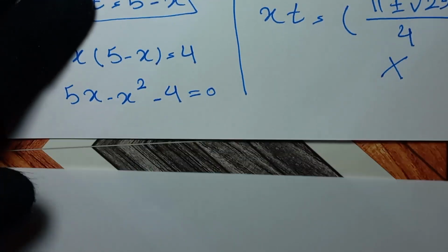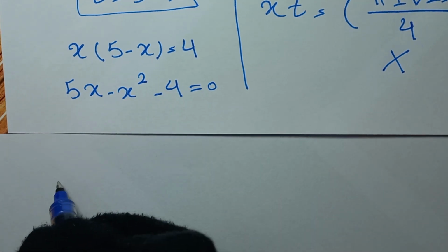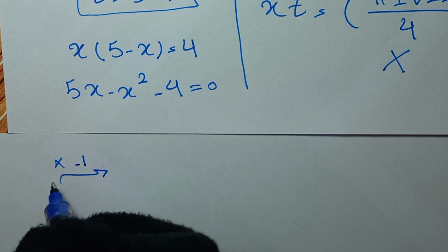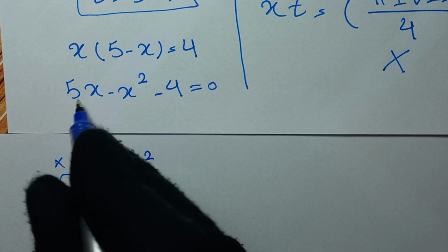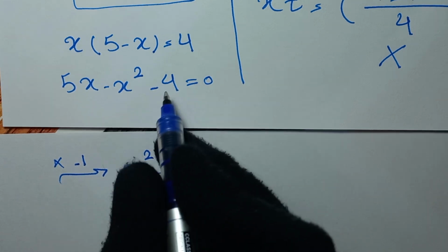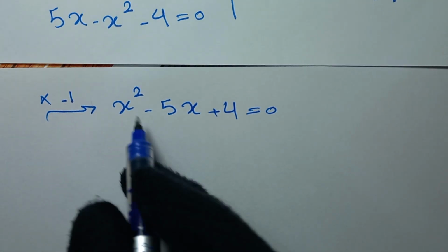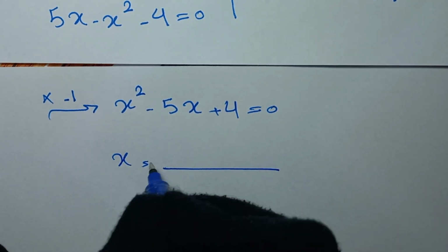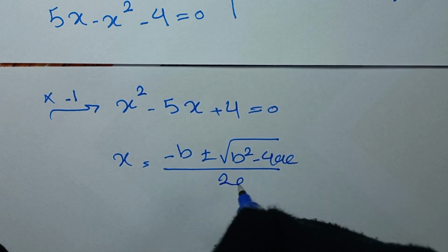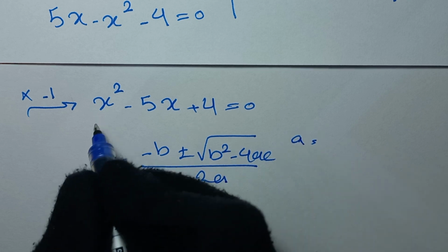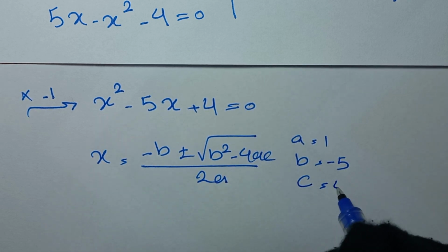And in the next step, we multiply both sides of this equation by negative 1, negative x squared times negative 1, it will be x squared, and minus 5x and plus 4 is equal to 0, right? And here we use the quadratic formula, which is x is equal to negative b plus or minus square root of b squared minus 4ac over 2a, where a, the coefficient of x squared, is 1, and b is negative 5, and c, the constant, is 4.